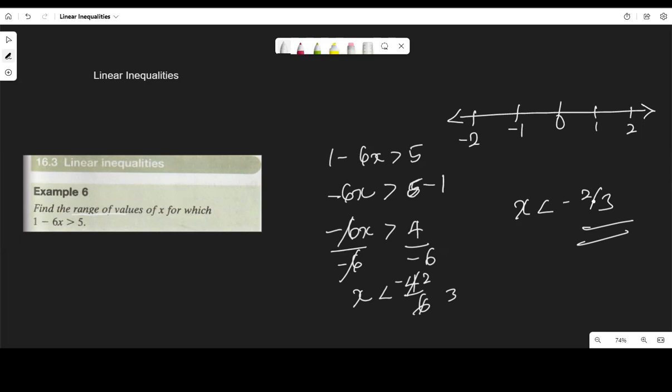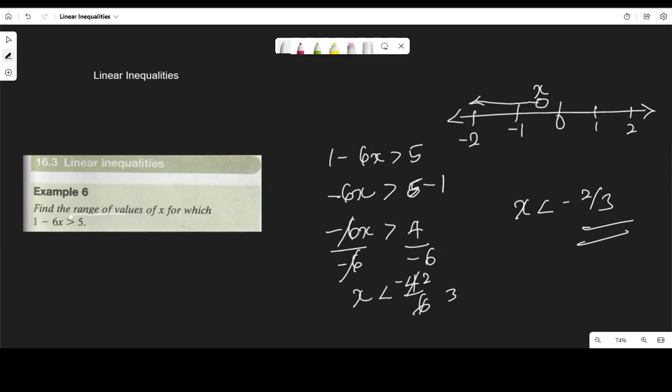This negative 2 over 3 is not 1, so it should be somewhere here. Sorry, I painted that. I'm not supposed to paint it. It's supposed to be an open circle only without the paint. Then I'll point an arrow like this to show that anything from here down satisfies the inequality.